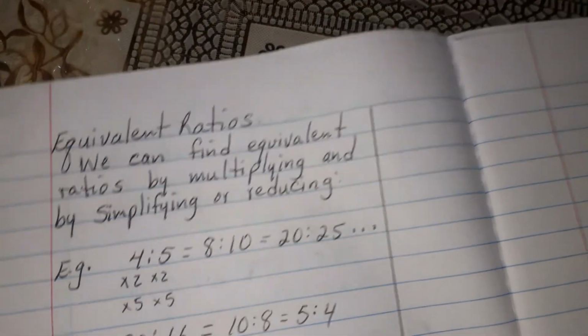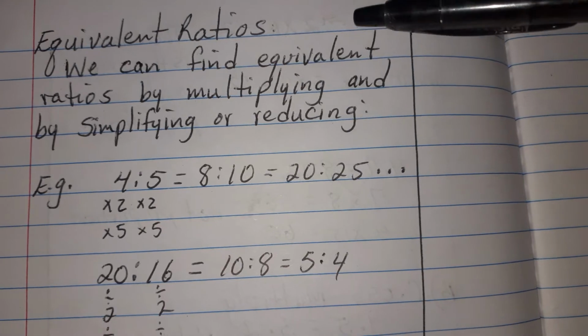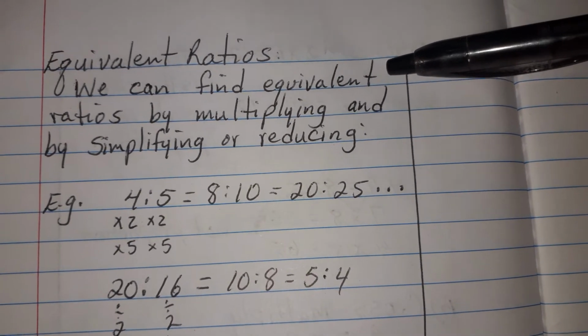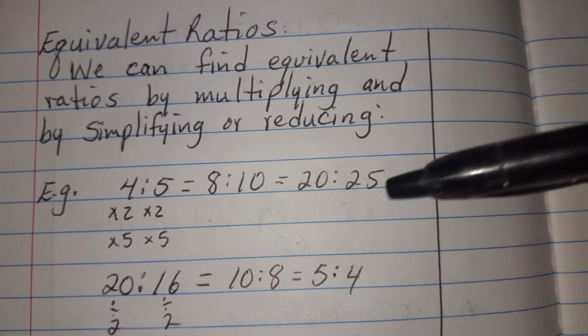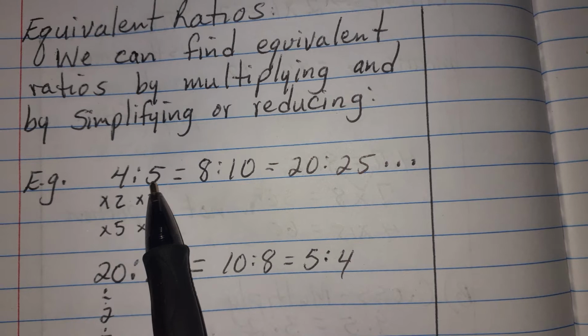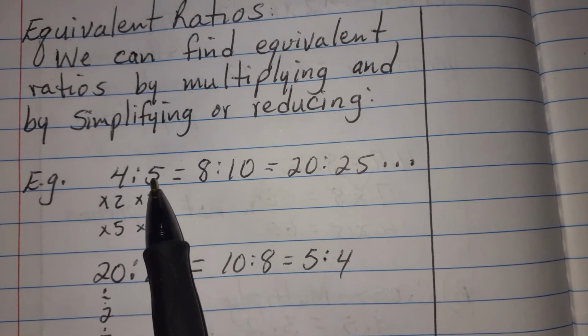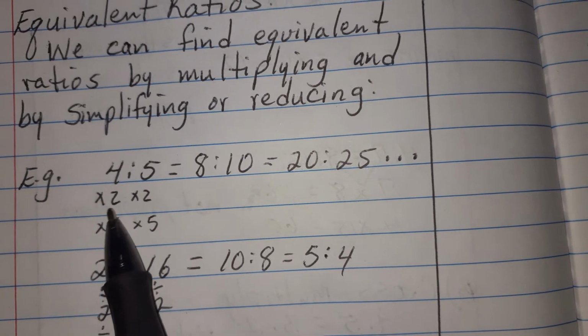Now let's look at how we find equivalent ratios. We can find equivalent ratios by multiplying and by simplifying or reducing. Let's look at 4 to 5. How can I find equivalent ratios to 4 to 5? One, by multiplying.